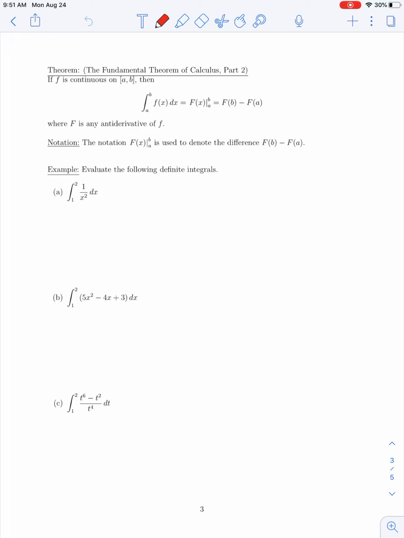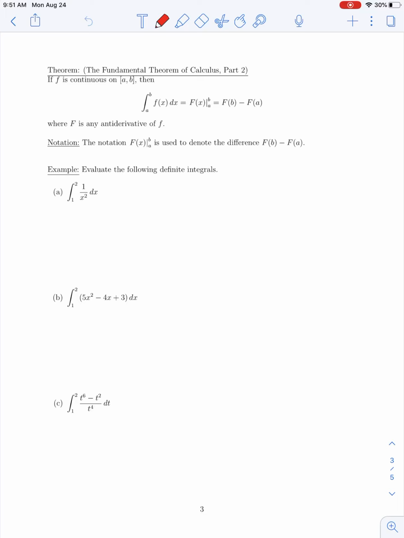So you're taking little rectangles to approximate the area under the graph of some function on an interval, and then you're using more and more rectangles of a thinner width to find the true area under the graph of a function. So this is the formal definition of a definite integral as the limit of a Riemann sum.